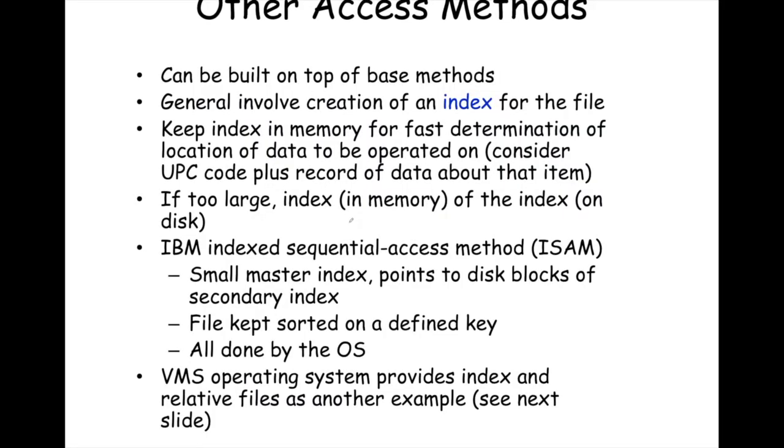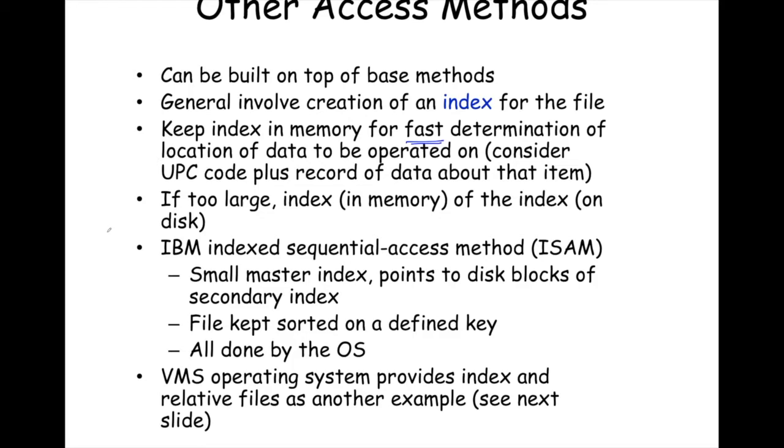And so there are all sorts of other access methods, and you can build them on top of certain base methods. And they generally involve the creation of an index for the file. So you're keeping a number that represents some offset within a set of locations for that file. And this index is kept in memory in order to make fast the determination of where data should be operated on, where it should be placed, or where it should be read from.